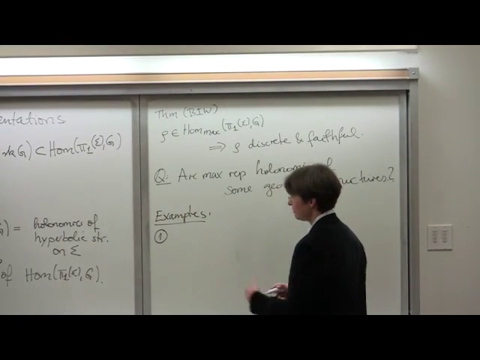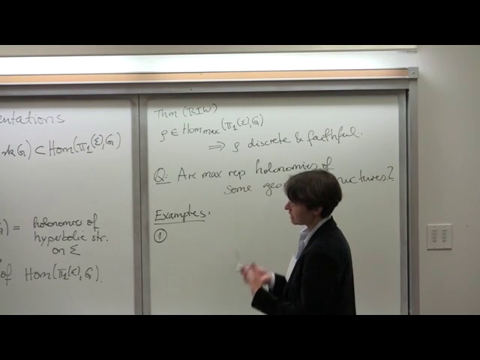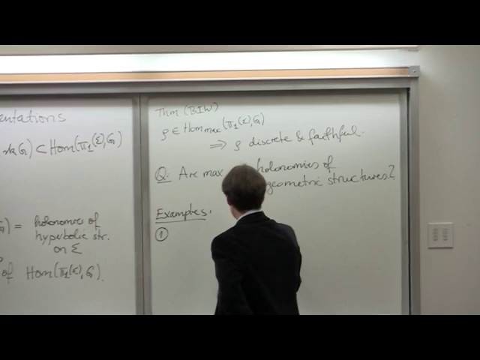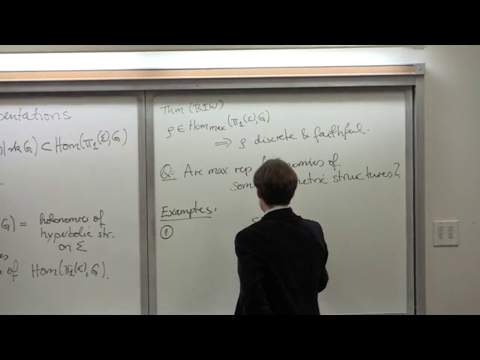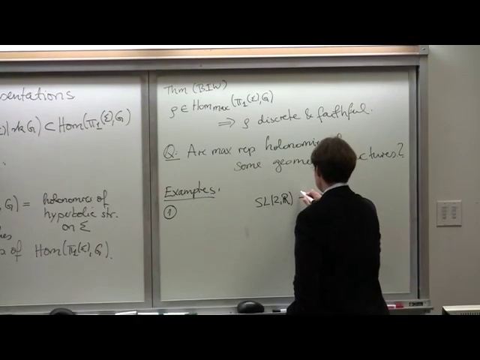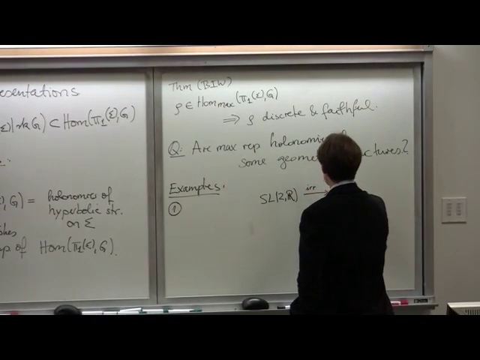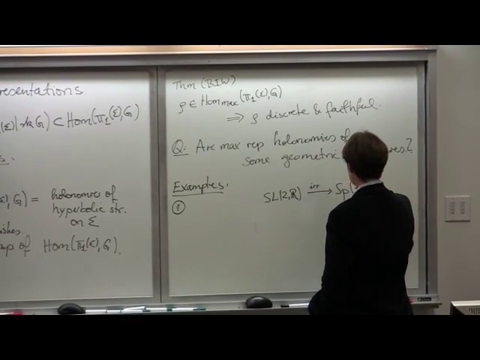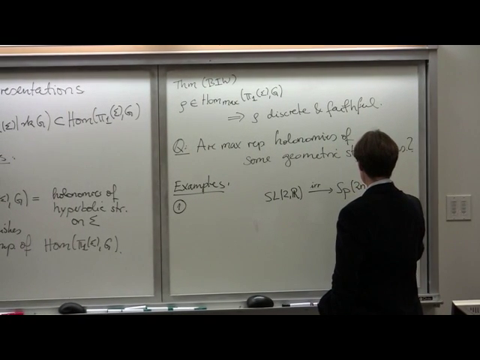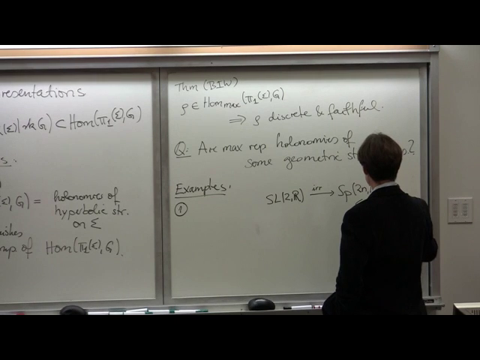So the first examples we want to discuss all come from SL2R representations. The first comes from taking SL2R and taking the irreducible representation in even dimensions, which lands in the symplectic group, the subgroup of SL2nR.